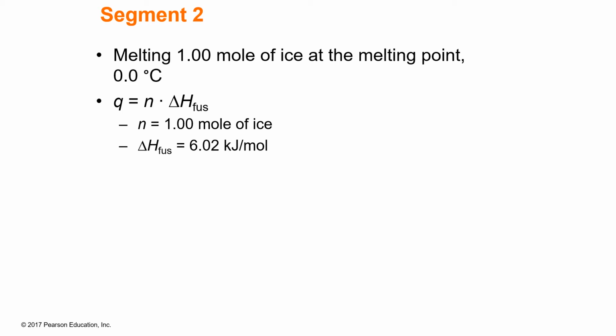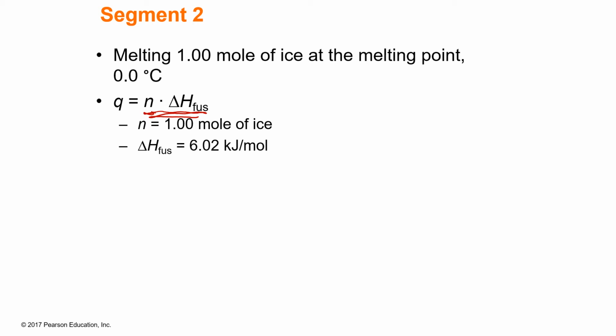In segment 2, we are now converting the solid ice into liquid water. We are in the flat portion of the curve. When we're in the flat portion of the curve, we're taking moles times our heat, in this case of fusion.